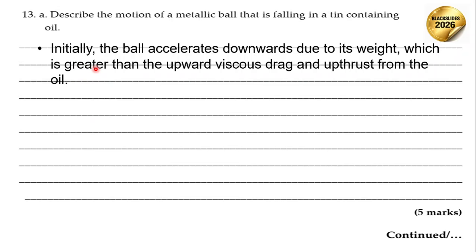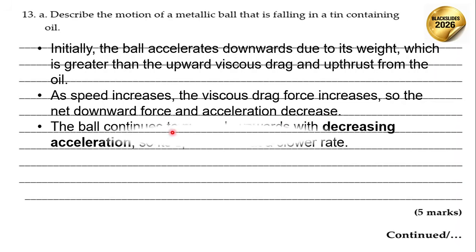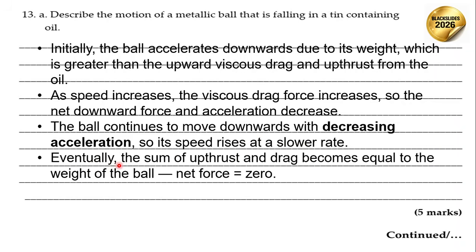Right, by saying that you have 1 mark. As speed increases, the viscous drag force increases also, so the net downward force and acceleration decrease. So the ball continues to move downwards with decreasing acceleration, so its speed rises at a lower rate.